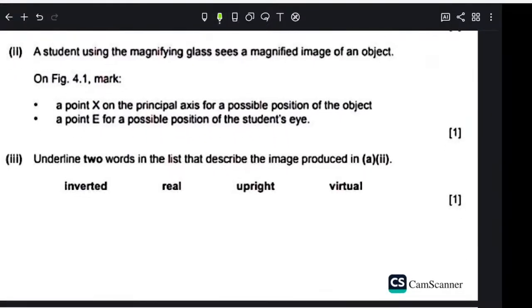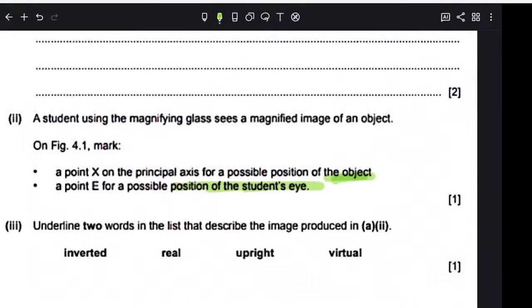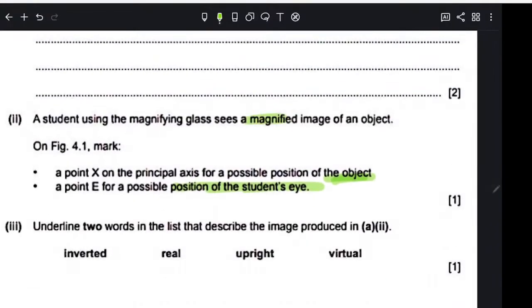Choose them, whatever. A point X on the principal axis for a possible position of the object. Point E for a present position of the student's eye. On figure 4.1, underline 2 words that describe the image produced. Okay, so here we have a magnified image of an object. So we are having a magnified version.